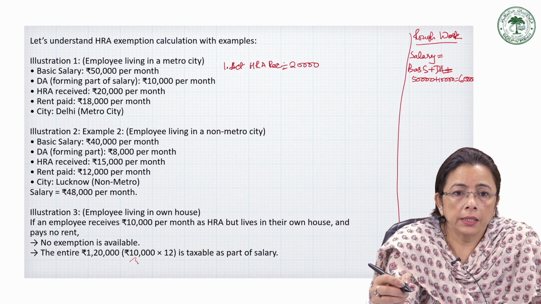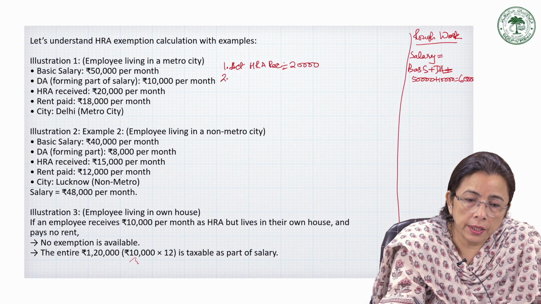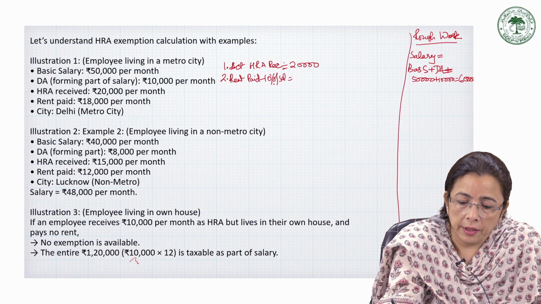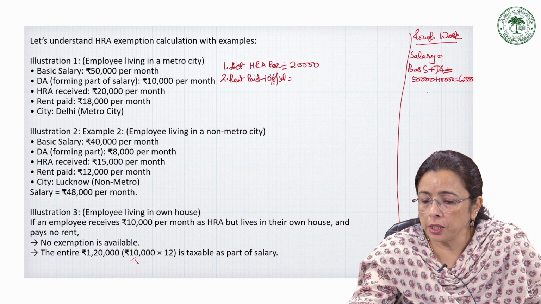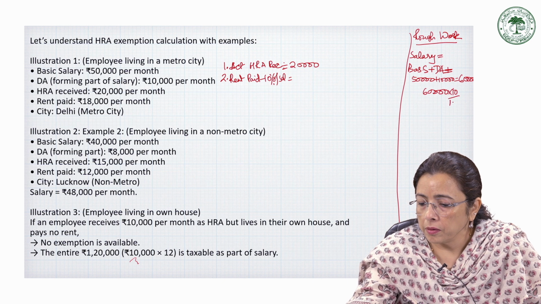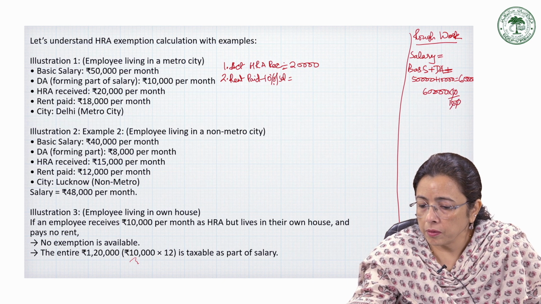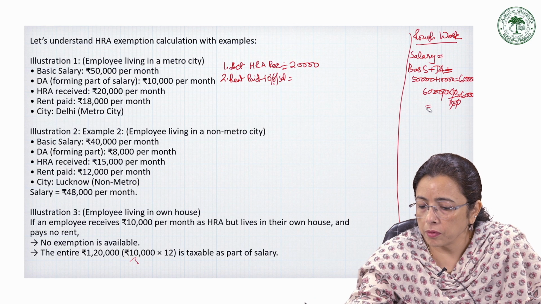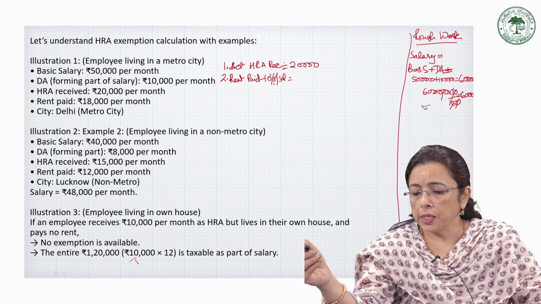Then the second point is the rent paid minus 10% of the salary. 10% of 60,000 is 6,000.